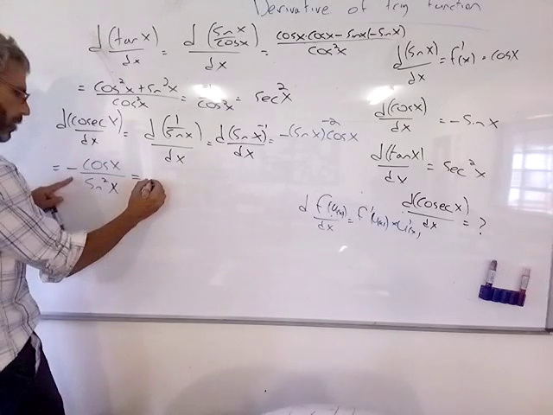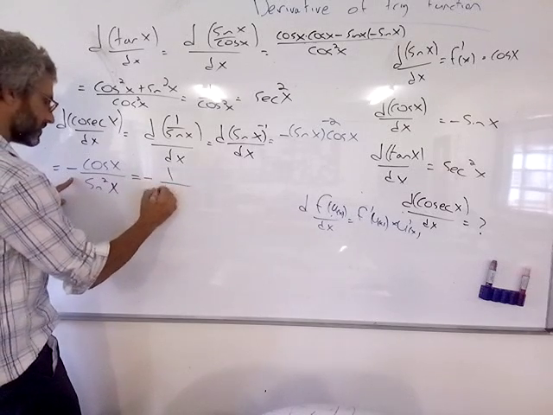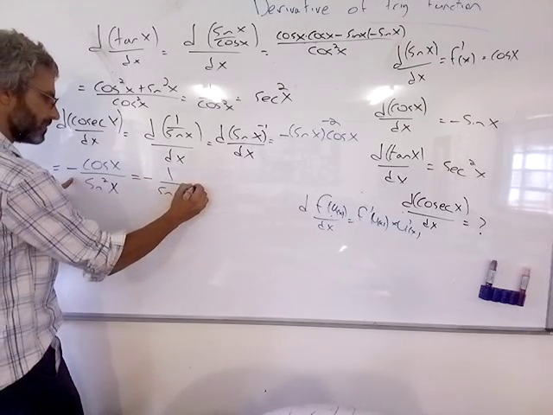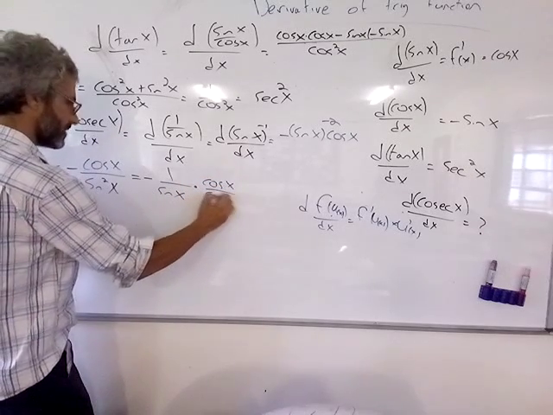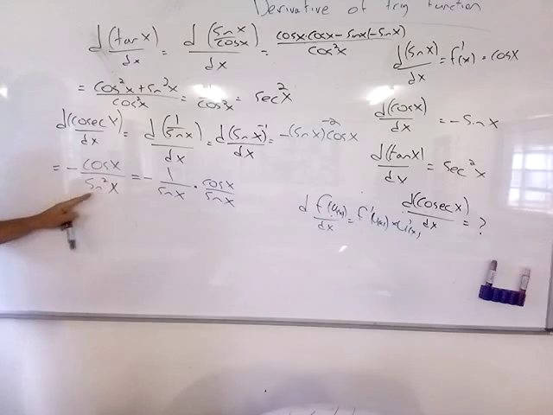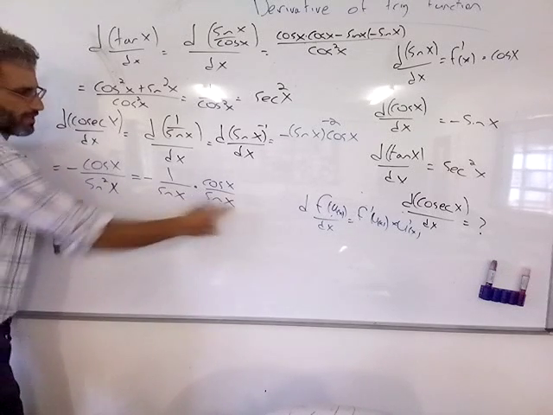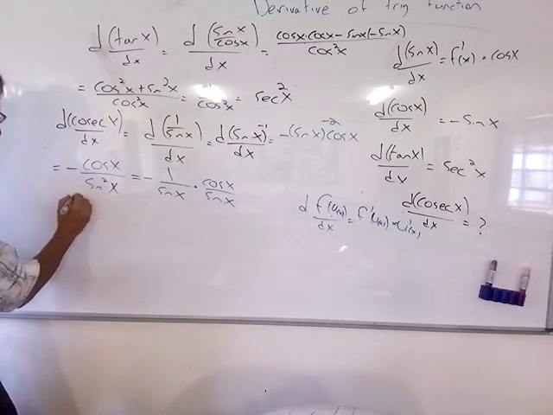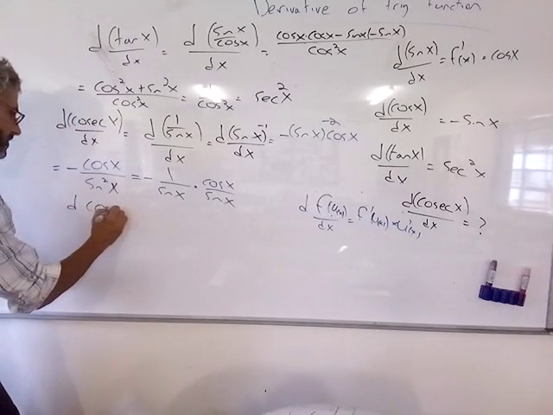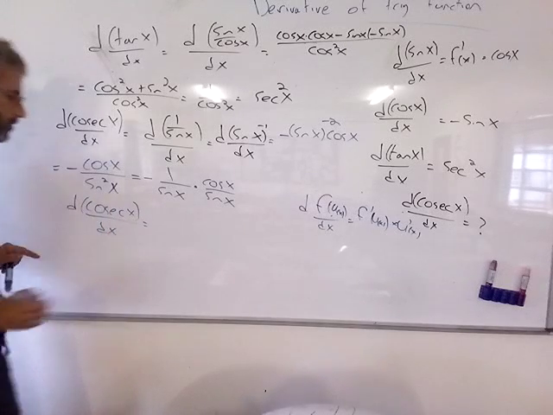They broke it up to minus 1 over sine x times cosine divided by sine. Can you see what I've done here? They just split the sine squared into sine and sine. Okay? And then I'll write that as the final, the derivative of cosec x with respect to x.